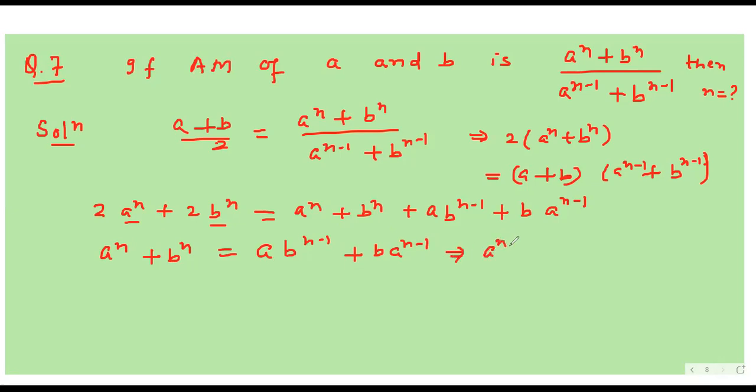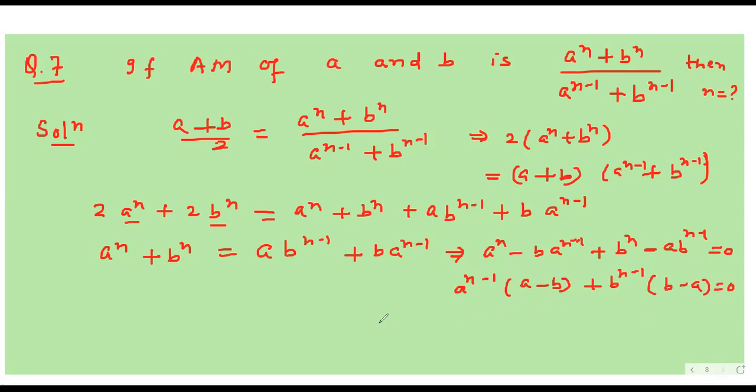So a^n - ba^(n-1) + b^n - ab^(n-1) = 0. From here, we can take out a^(n-1), then (a - b) will be left. And if we take common b^(n-1), then (b - a) will be left.